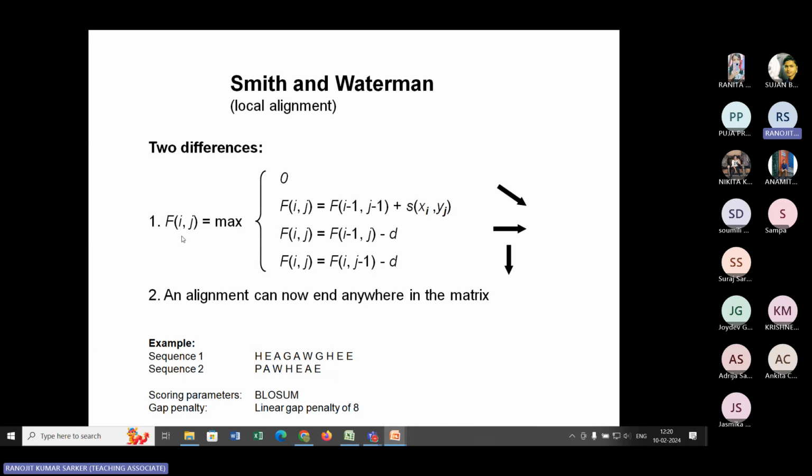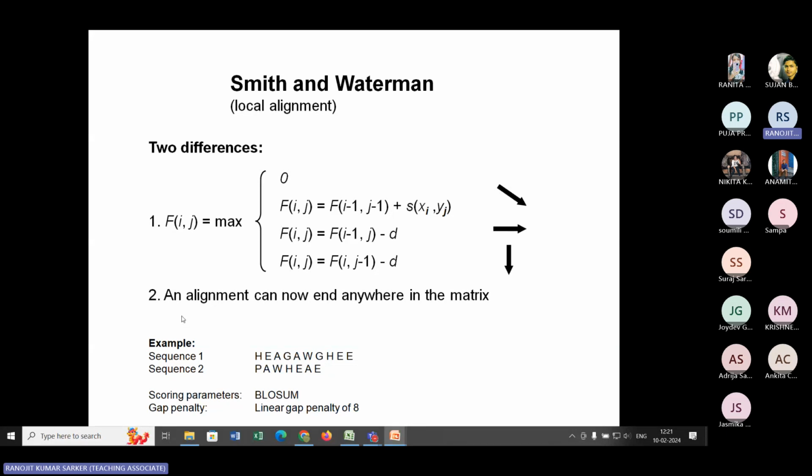But here, in Smith-Waterman, they just added a 0. That means now there are 4 values from these 3 paths and 0. Whichever is maximum will be the value for that particular cell. Okay, so that is one difference.